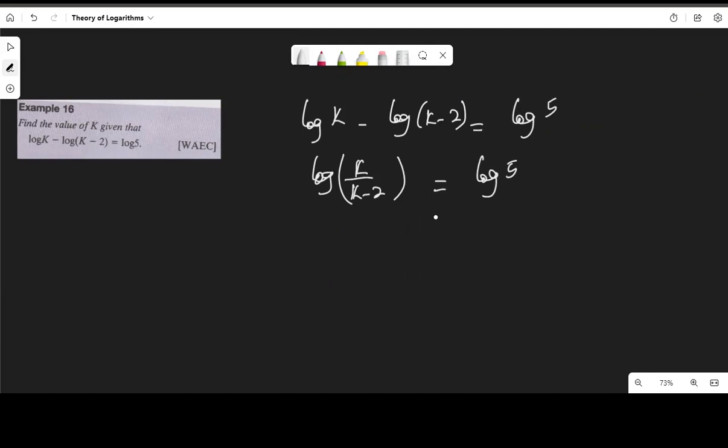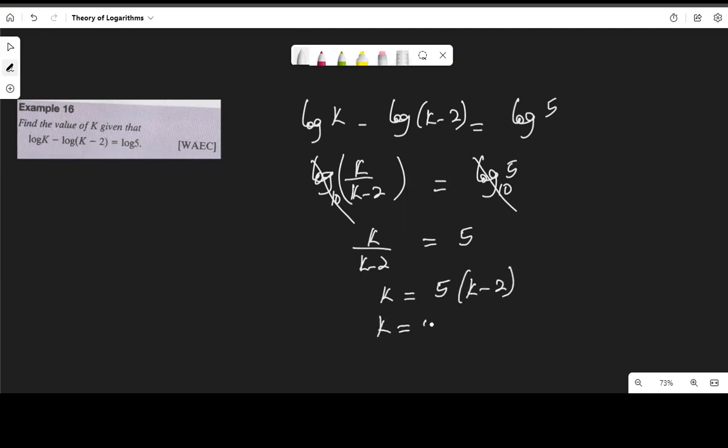Here, when the logarithm is given like this without a base, the base is base 10. We have log to base 10 on both sides, so they can cancel out, so that k over k minus 2 is equal to 5. This implies k is equal to 5 times k minus 2.